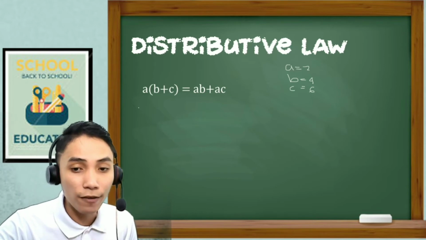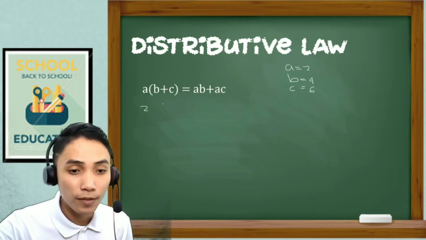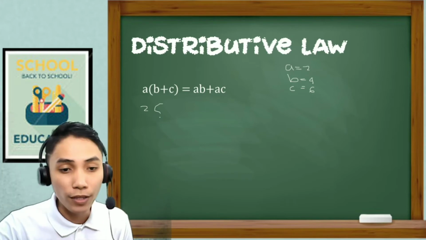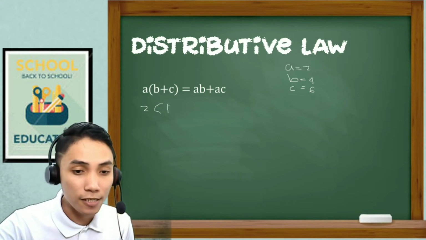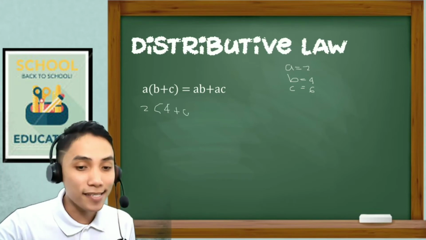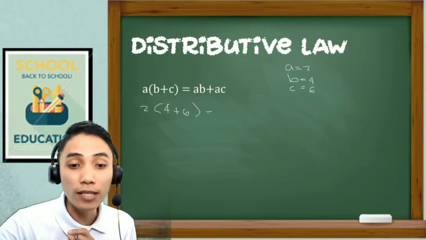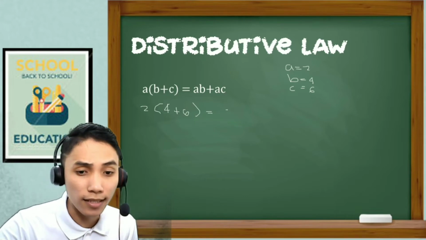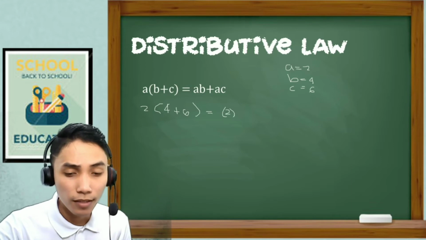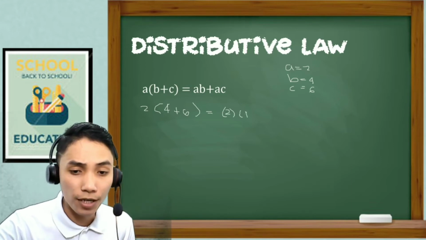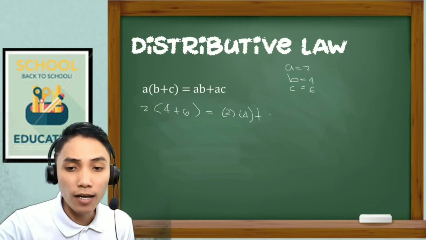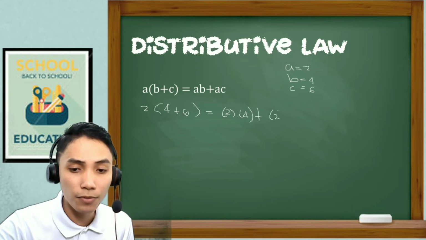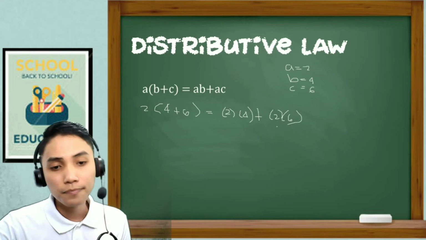We have here the value of A, that is 2, multiplied by the value of B, that is 4, plus 6. That is equal to the value of A, that is 2, times 4, plus the value of A, that is 2, multiplied by the value of C, that is 6.